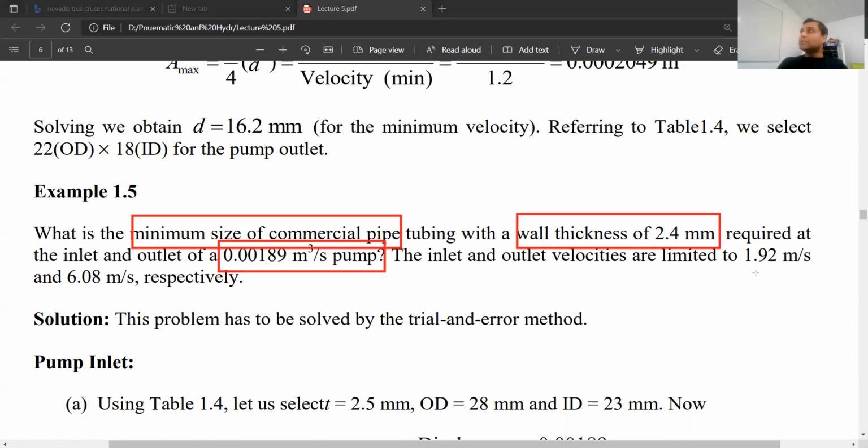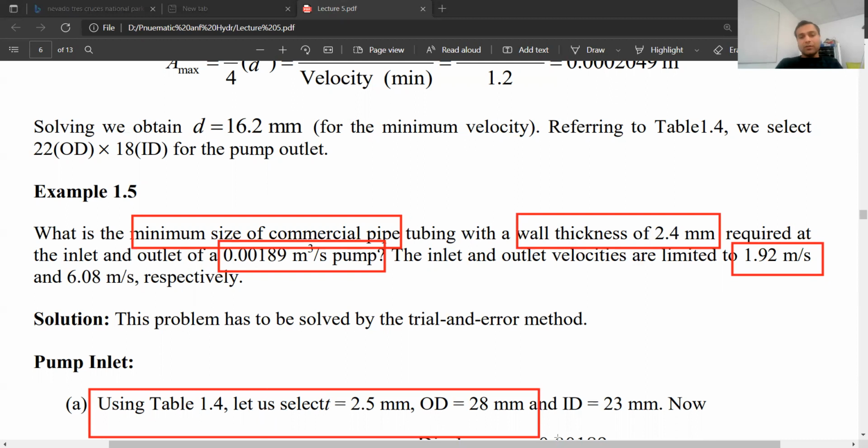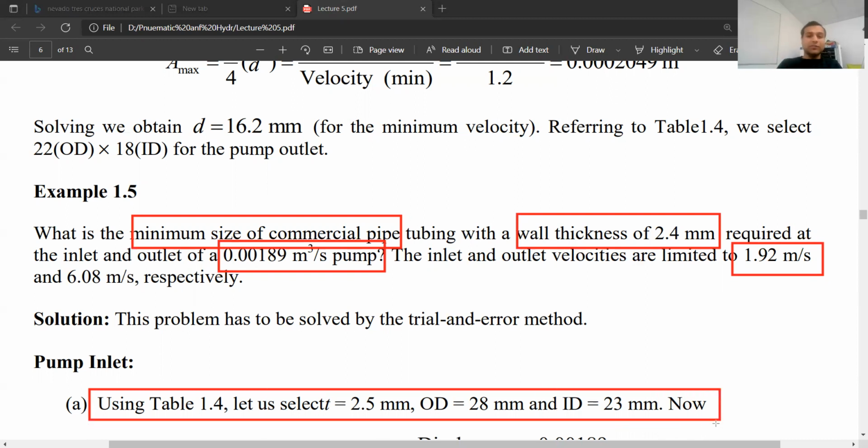The minimum velocity is 1.92. The maximum velocity is 6.08. For this one, you need to use different values and see which one suits best.